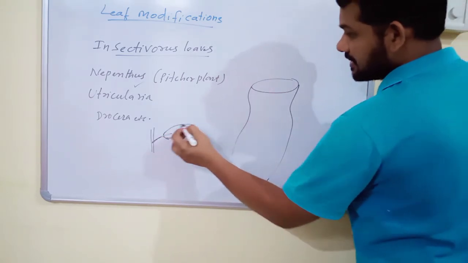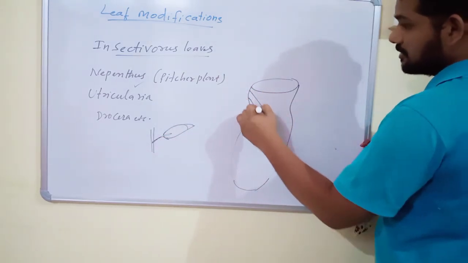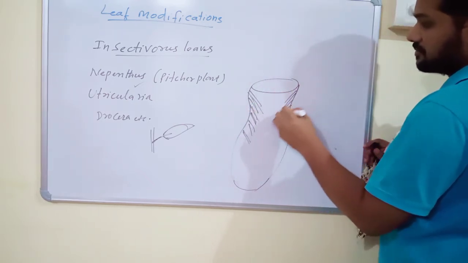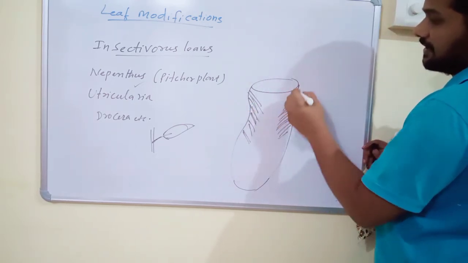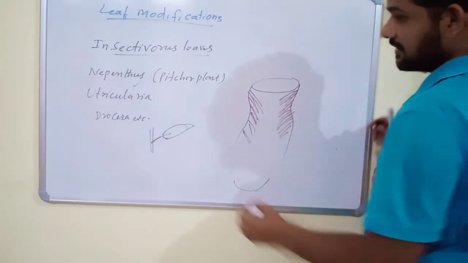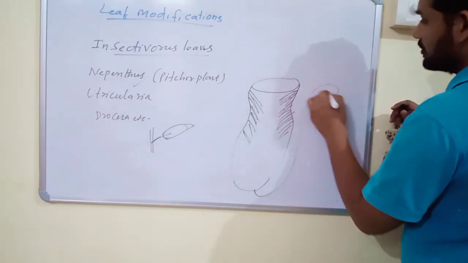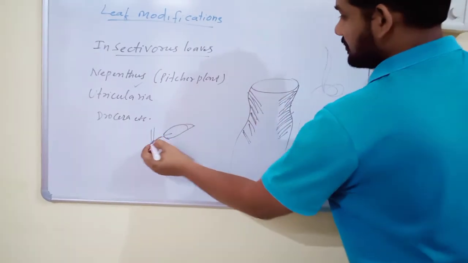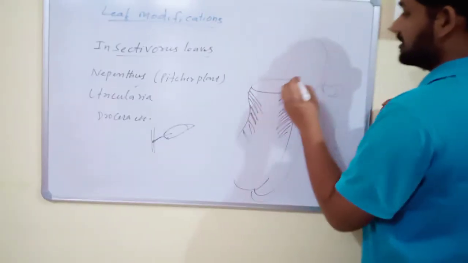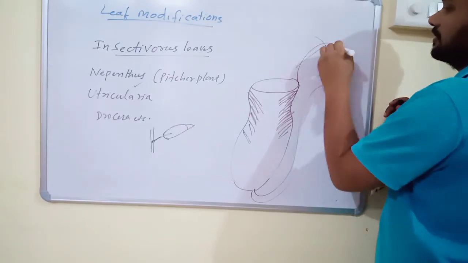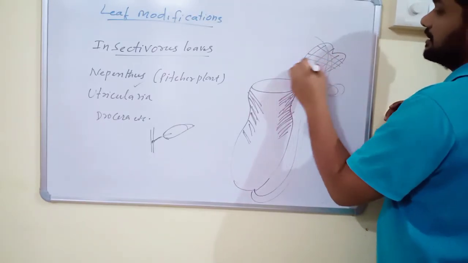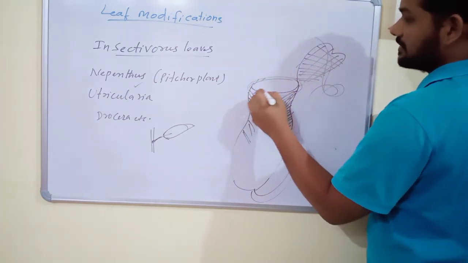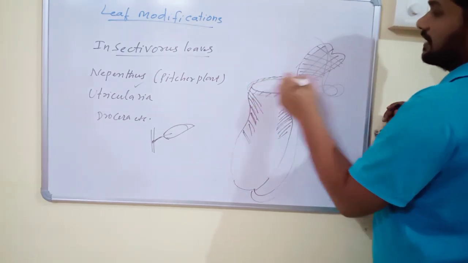In Nepenthes, this lamina is modified into this pitcher, and internally the upper part of the pitcher has many downwardly projecting hairs, and the petiole is modified into a tendril. The leaf base and stipules are modified into a lid, and the lid is very colorful and attractive. And this is the rim, and the rim has some glands, and it is very colorful.